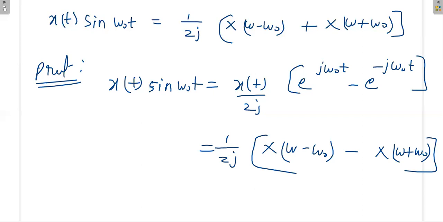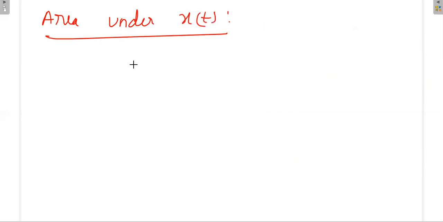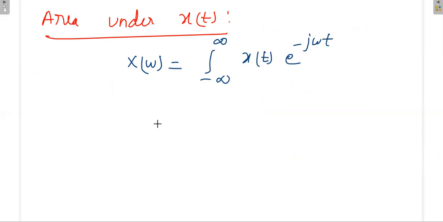Next, the area under x(t). What is the Fourier transform formula? X(omega) is equal to the integral from minus infinity to plus infinity of x(t) e^(minus j omega t) dt.